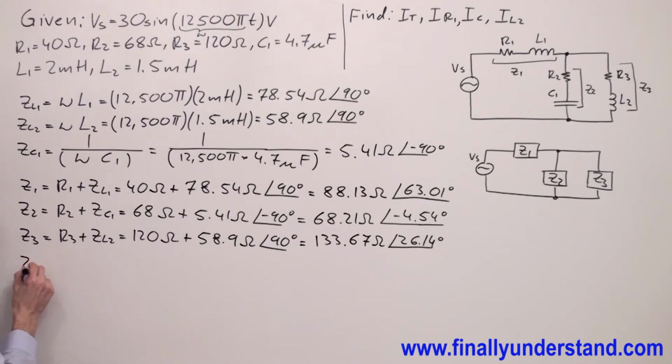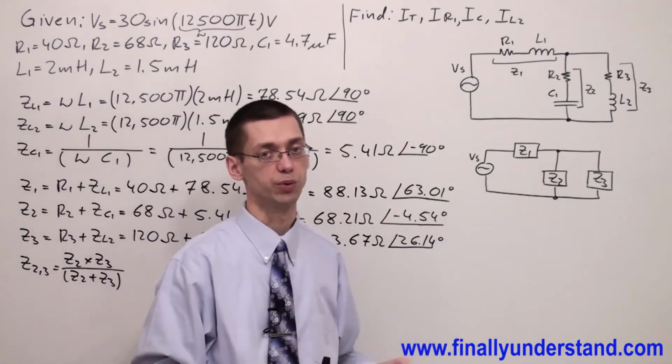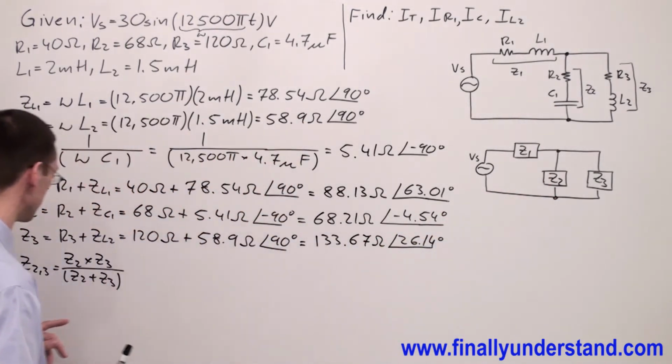So I have Z23 is equal to Z2 times Z3 over Z2 plus Z3. I use this formula because I have just two impedances, and this formula is only for two impedances.